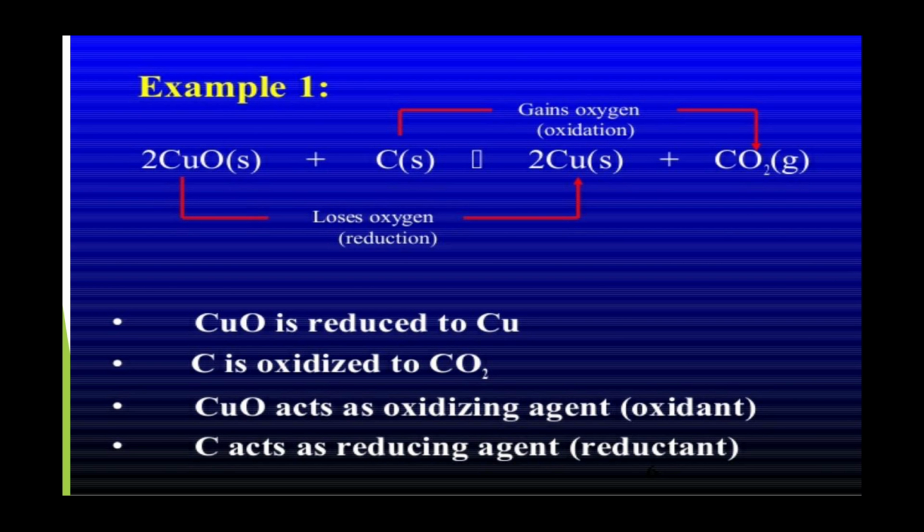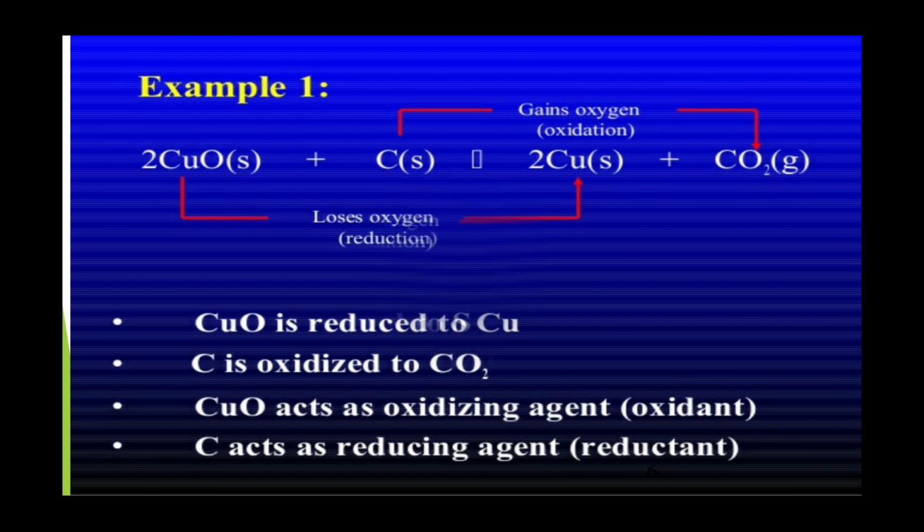That is, copper oxide acts as an oxidant here, while carbon, though itself it is oxidized, helps in the reduction of copper oxide. That is, it reduces copper oxide and hence it is a reducing agent. That is, it acts as a reductant.